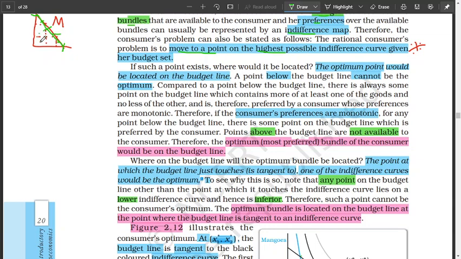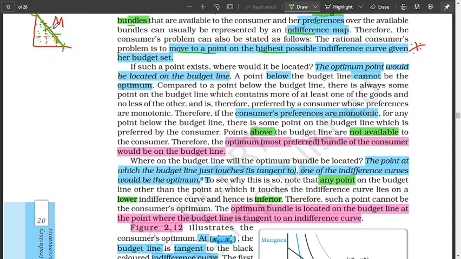He can buy below the budget line, but it doesn't give him the maximum satisfaction, because he doesn't spend all his money. But if he buys anything along the line, all his money will be spent. Remember that, isn't it? A point below cannot be optimum; it is not possible to give him the maximum satisfaction.